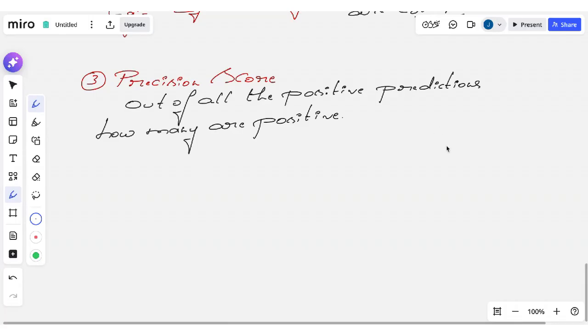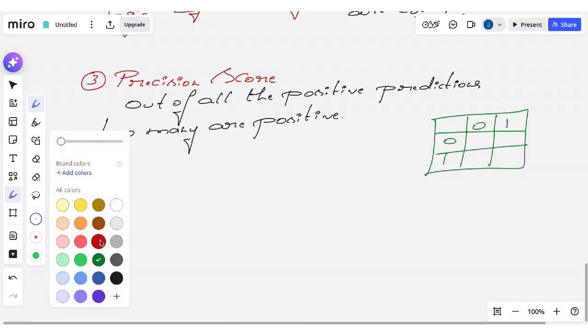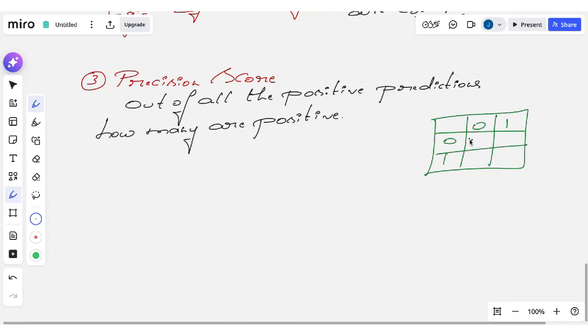The table looks like this. Tell me which are the positive predictions. Bit tricky, understand. Starting with TN and TP, are these the positive predictions?